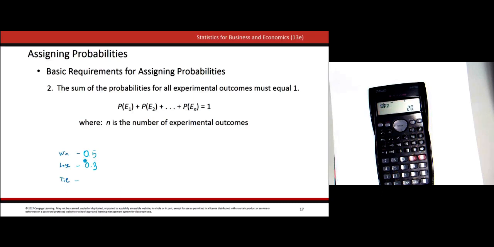If probability of winning is 0.5, probability of losing is 0.2, then this probability can be 0.2, which sum must be 1. Cannot be less than 1, cannot be larger than 1. Sum of the probabilities for all experimental outcomes must equal 1.